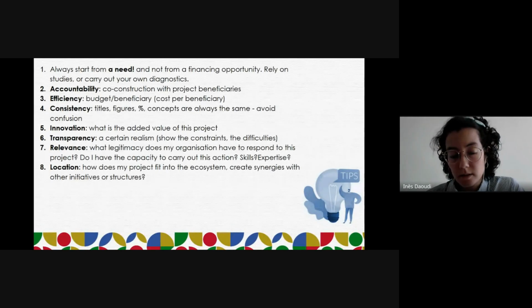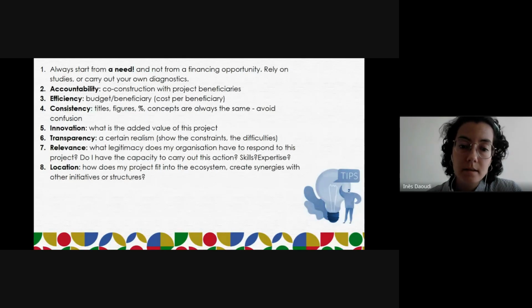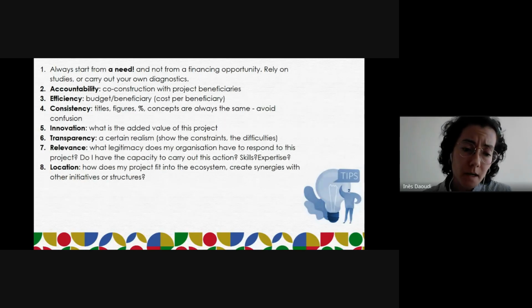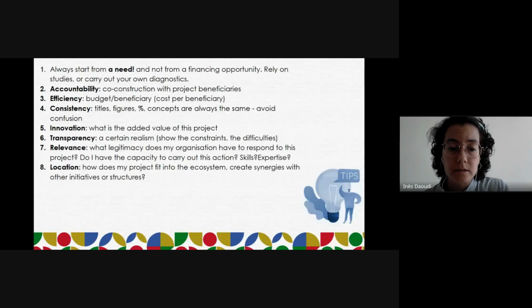By innovation, it doesn't necessarily mean something completely new or out of the blue, but it has to add this new value, this new impact, why this project is different from the others, or from what has been done in the past. So this is very important to highlight.